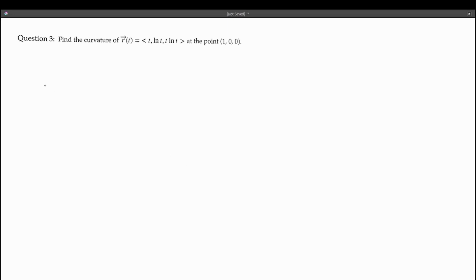In this video, we're going to be tackling question 3, which is find the curvature of vector r(t), which is ⟨t, ln t, t ln t⟩ at the point (1, 0, 0).